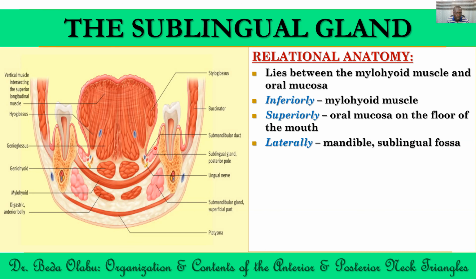Laterally, we talk about the medial border of the mandibular body, and this will be an impression made by the gland, which we call the sublingual fossa. Distinguish that from the submandibular fossa. They'll be separated by the mylohyoid line on the medial aspect of the anterior body of the mandible.